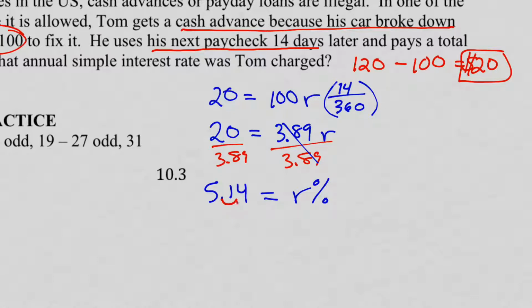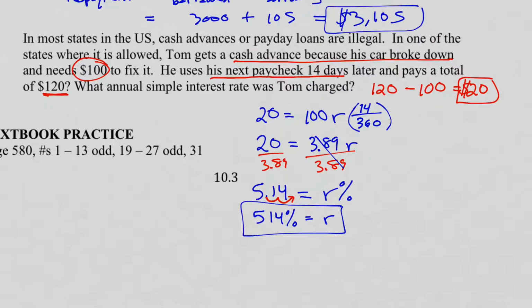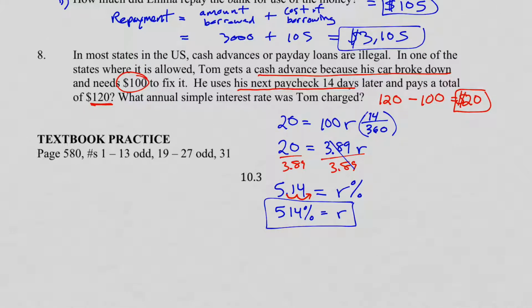So if we turn this into a percentage, take a look at this annual interest rate. This is why some states have outlawed these types of loans, because of that interest rate. Just for 14 days, being charged $20 is basically legal robbery.